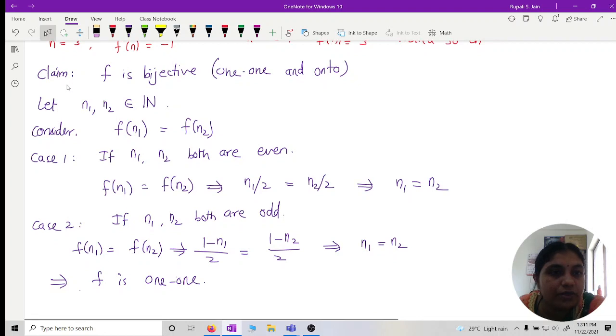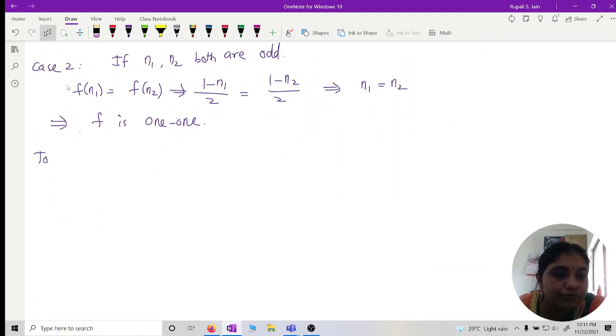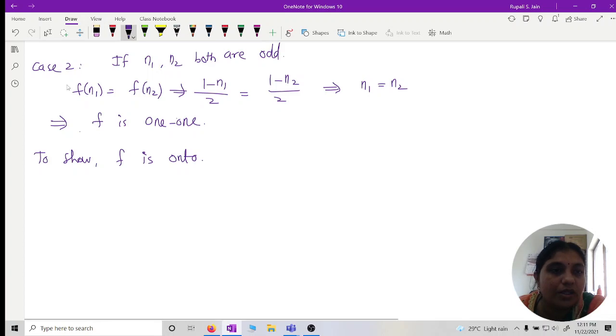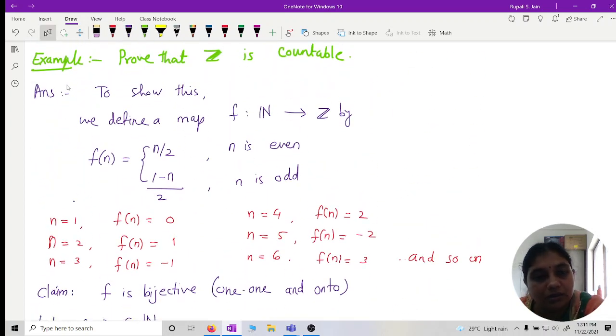Now to show f is onto. How can I show f is onto? F is from N to Z, no? Actually, we might have started with Z to N, that will be easy. Okay, no problem.